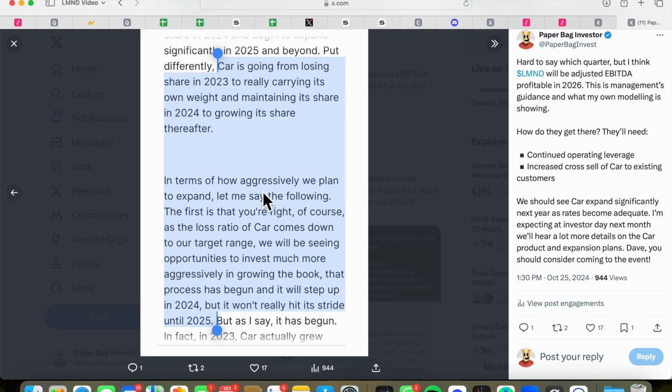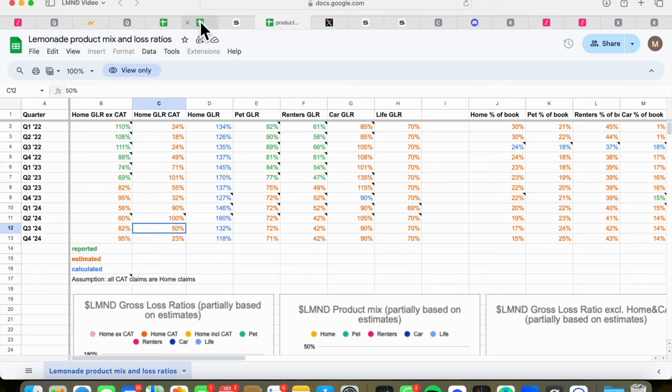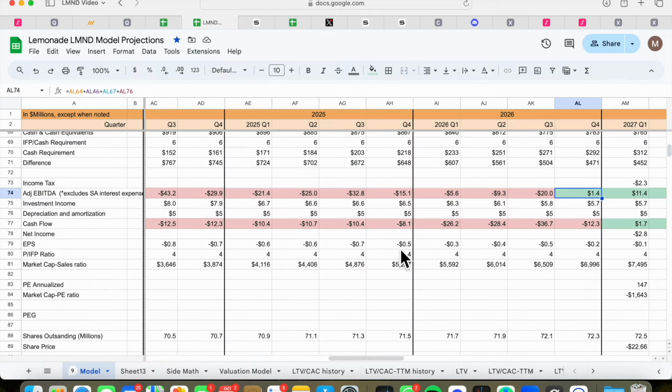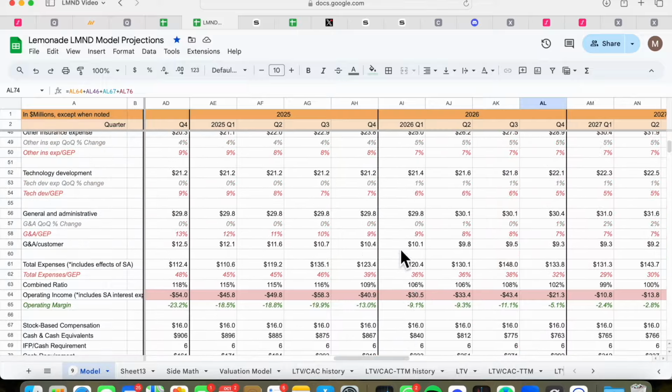He said Car is going to lose share in 2023, carrying its own weight, maintaining share in 2024, and then growing afterwards. It won't really hit its stride until 2025 when they'll start to grow more aggressively. So again, that's where I think you flip back to the model, all the unit economics improve as they're able to cross-sell these more expensive product lines to existing customers.